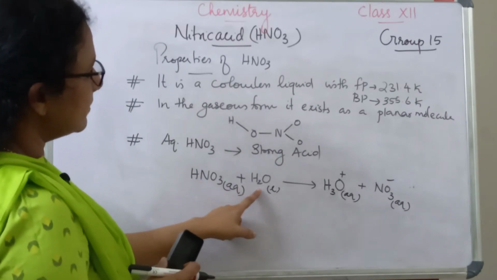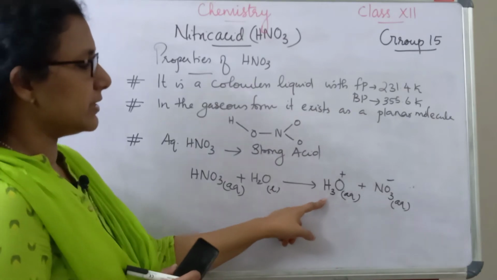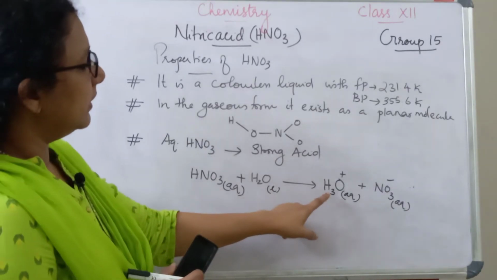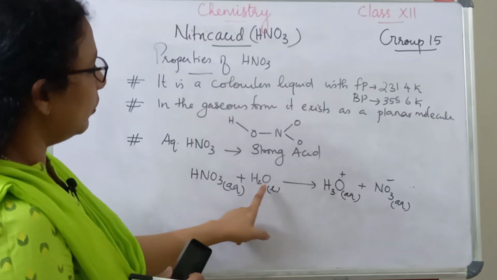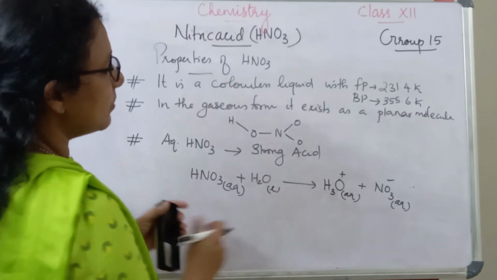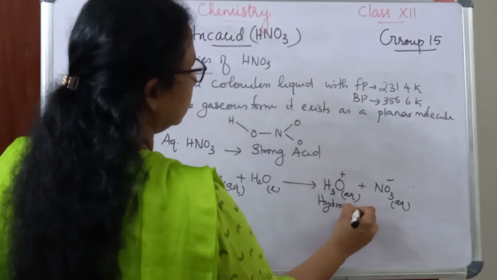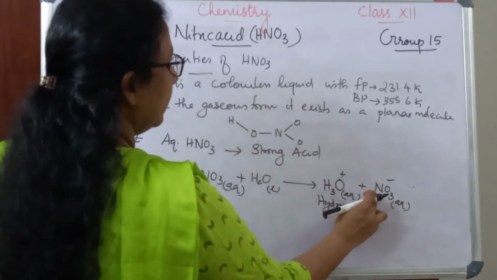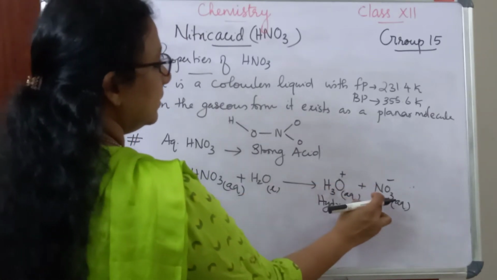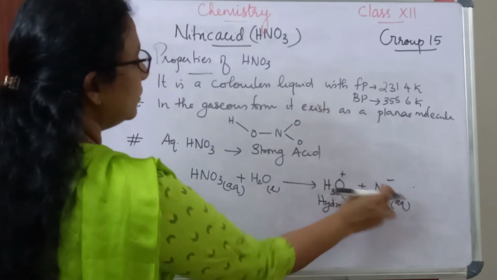It ionizes in solution, produces H plus ions. Actually H plus ion does not exist alone, it attaches with one molecule of water to produce hydronium ion. So H3O plus is the hydronium ion, and the rest of the part is NO3 minus aqueous.